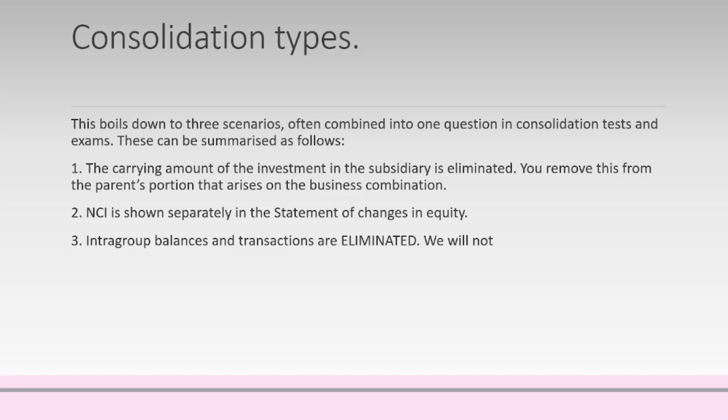You remove this from the parent's portion because, as I said, that arises on business combination. I repeat, NCI is shown separately in the statement of changes in equity. And then lastly, intragroup balances and transactions are eliminated. Obviously, I did not finish my sentence, but we will not be covering this in this particular video.